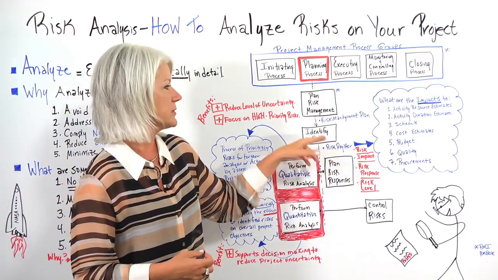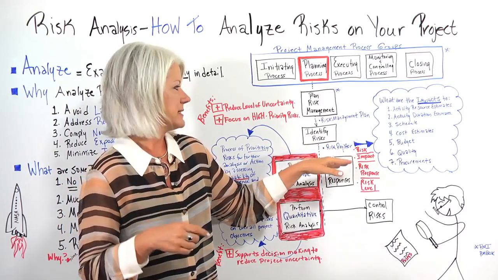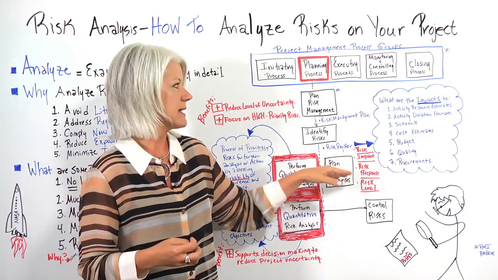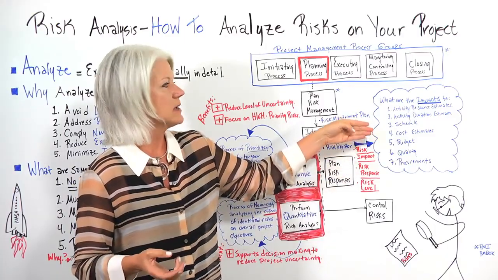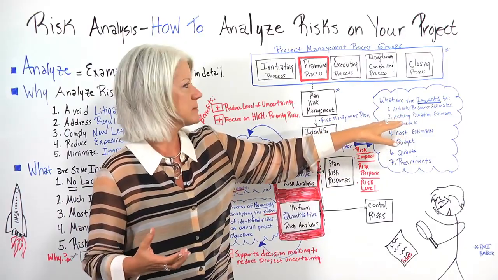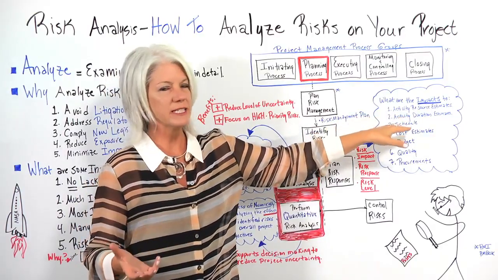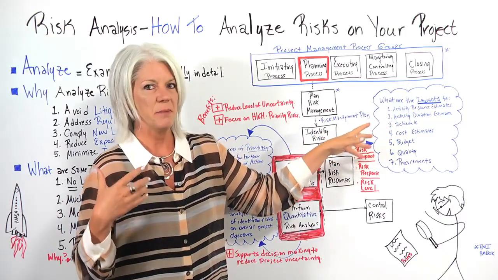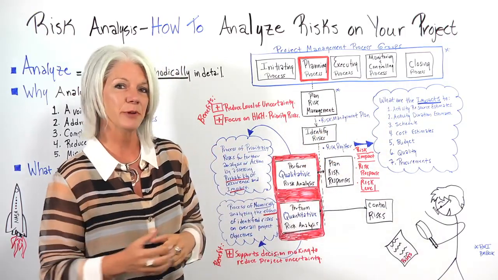As a reminder, the register identifies all the risks, the impacts, the risk response, and the risk level. We're ultimately looking at the potential impacts to the activity resource estimates, the activity duration estimates, possibly the schedule, the cost estimates, budgets and quality, and even the procurements.